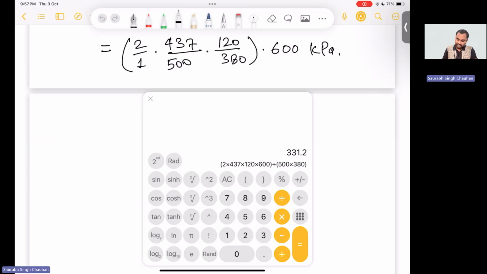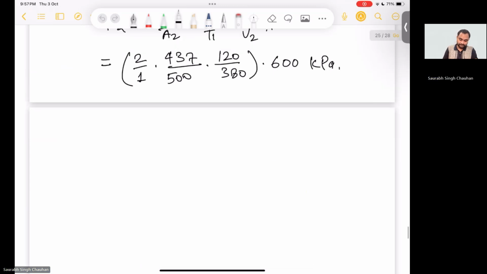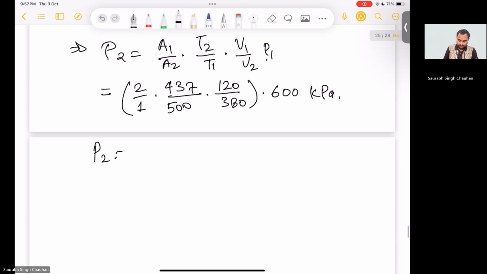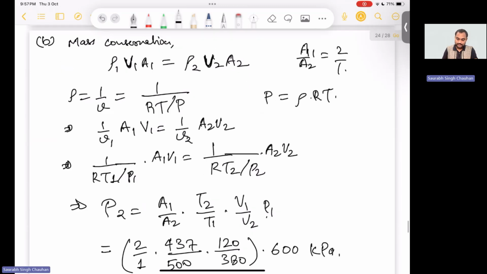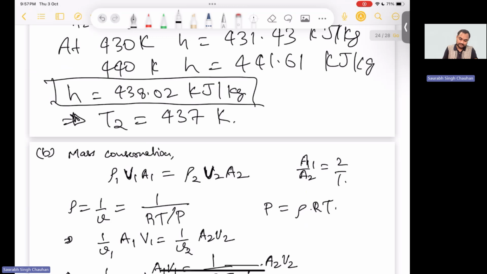You are getting 331.2. So this will be the pressure at outlet. This is our answer.